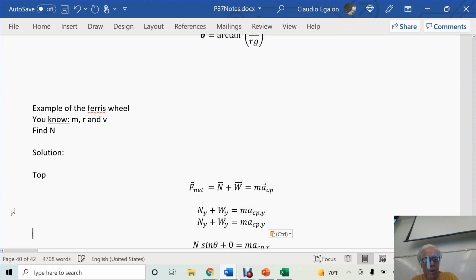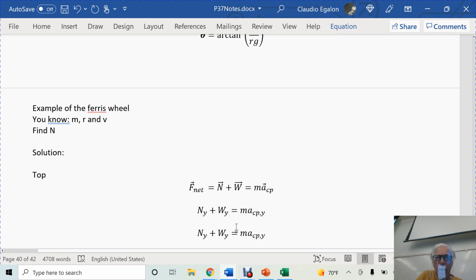At the top, the centripetal acceleration is in the same direction as the weight, so I'm going to put minus mg.